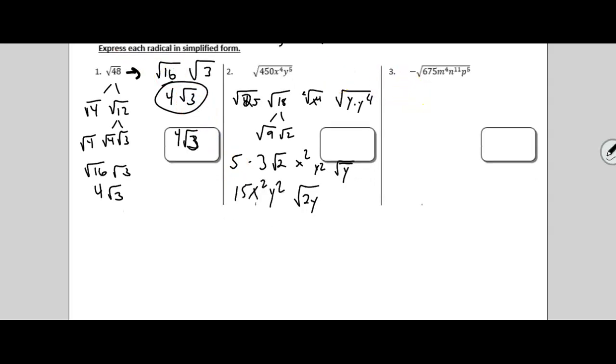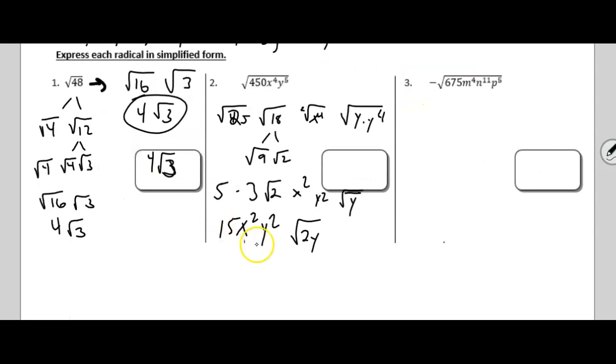Alright, for number 3 right here, it's the same concept, except notice that there's a negative out front, so that's okay. When we break down that 675, I'm sure there's a perfect square within 675. So we have the negative out front, and we're going to break this 675 apart.